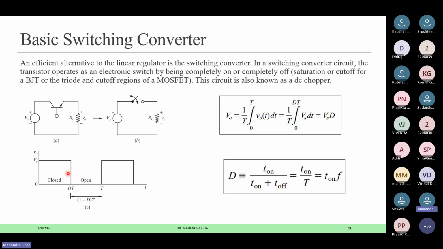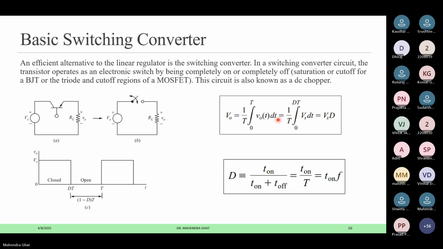So if I do like this, what output voltage will you get? Obviously it will be the integration over this time. If we integrate over this time, you will get the output voltage. So the output voltage is 1 upon T, integration from 0 to T of VO of t dt.